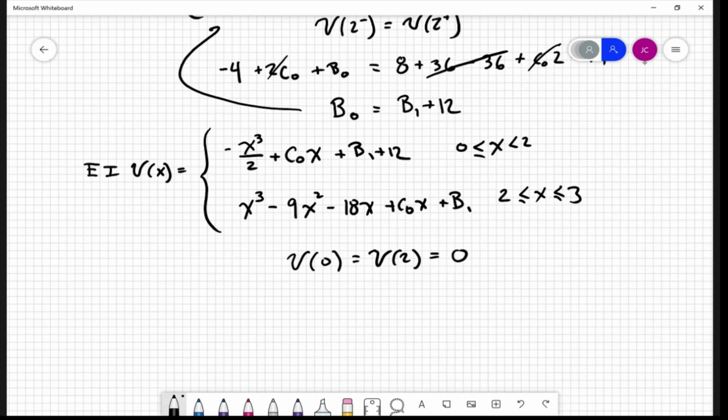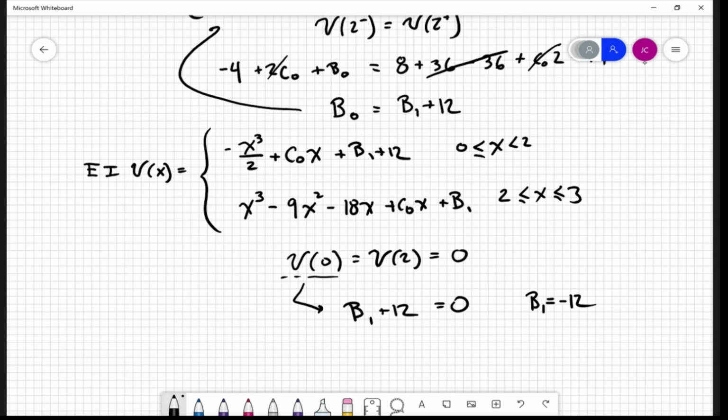Well, okay. So let's take this equation. Let's use this one first, right? And so we can plug in 0 into this equation. So we get just B1, right? So this one is just going to give me B1 plus 12 equals 0, correct? And if that's the case, that means that B1 has to equal minus 12.